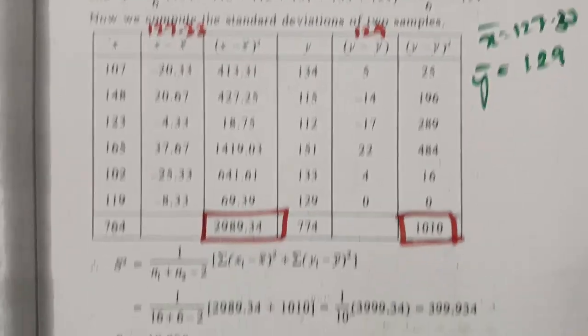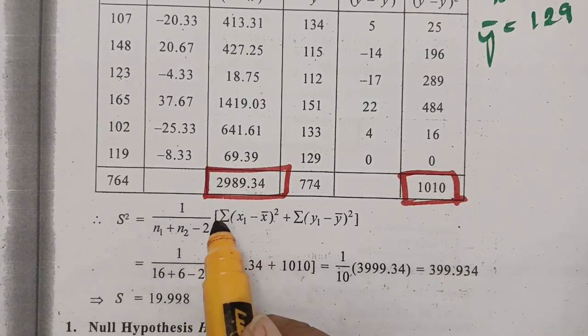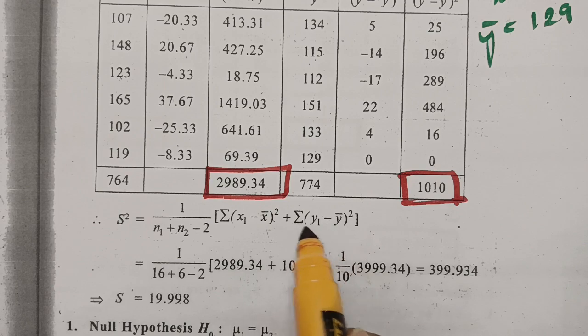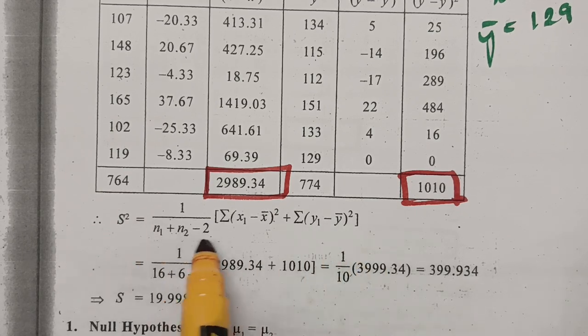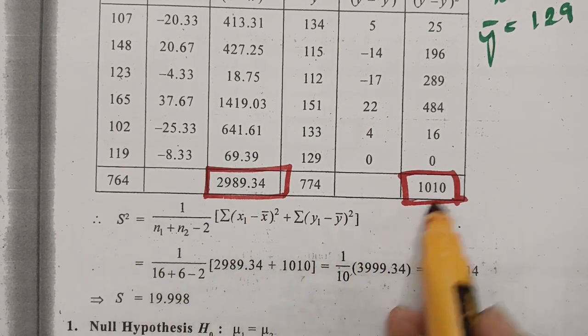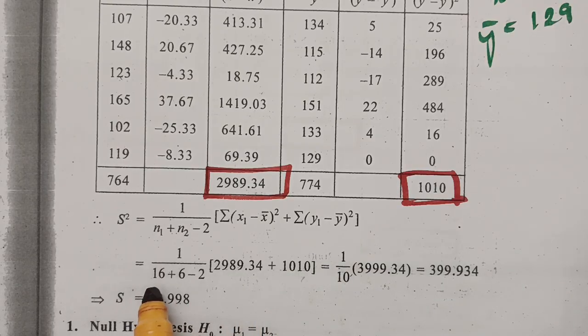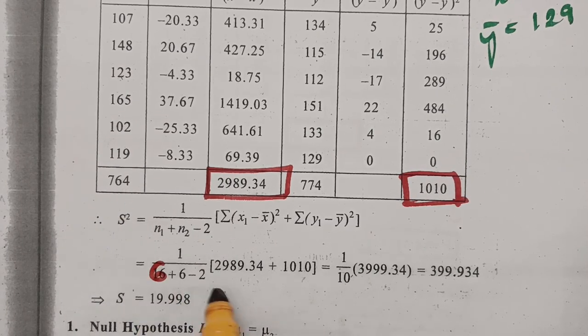So this is the variance value, sigma of xi minus x bar whole square plus yi minus y bar whole square, by n1 plus n2 minus 2. So these two are the totals you have to add up, and divide by 6 plus 6 minus 2. The value here is 12 minus 2 is 10.